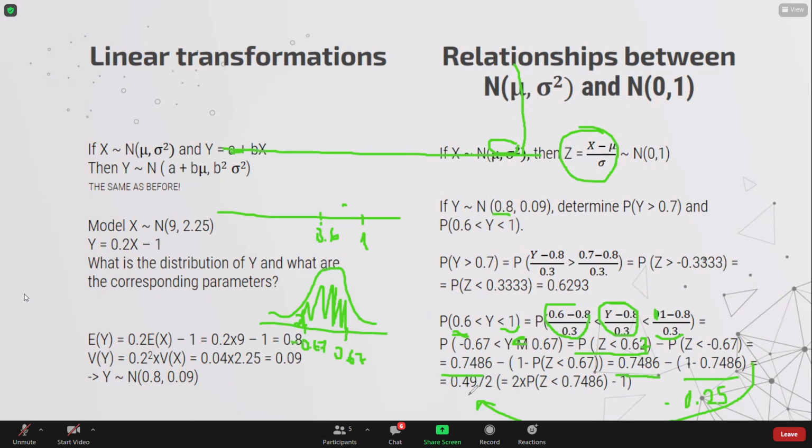Do you have a question? If you remember, we had an easier way to calculate it. I'm not sure if it's easier for you, but you can just take the number that we got from the table, that is the green area here, multiply by 2, and minus 1.